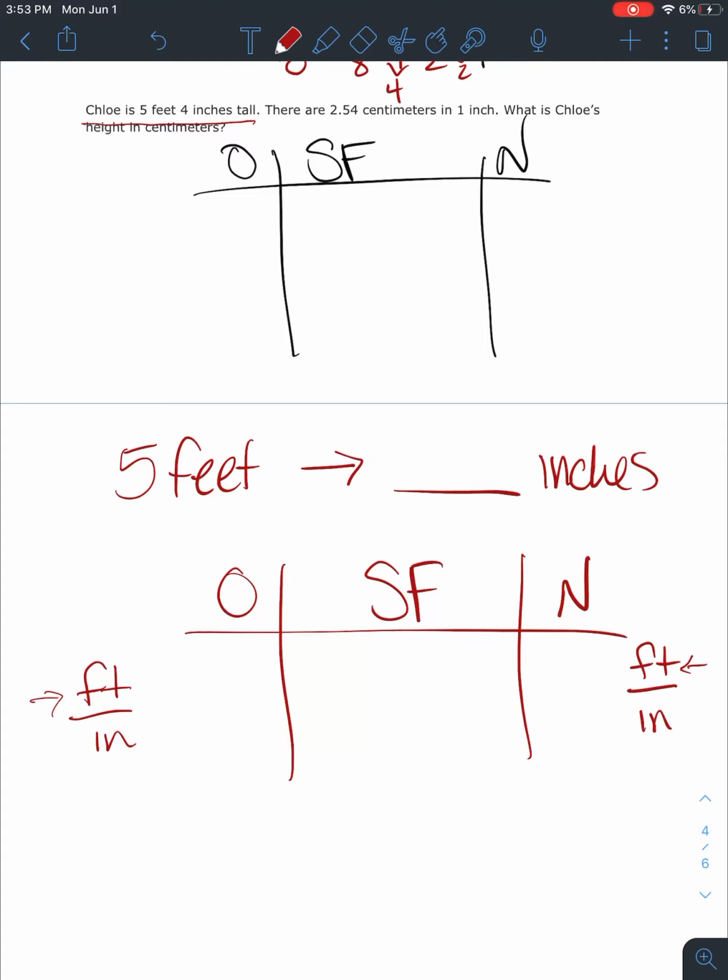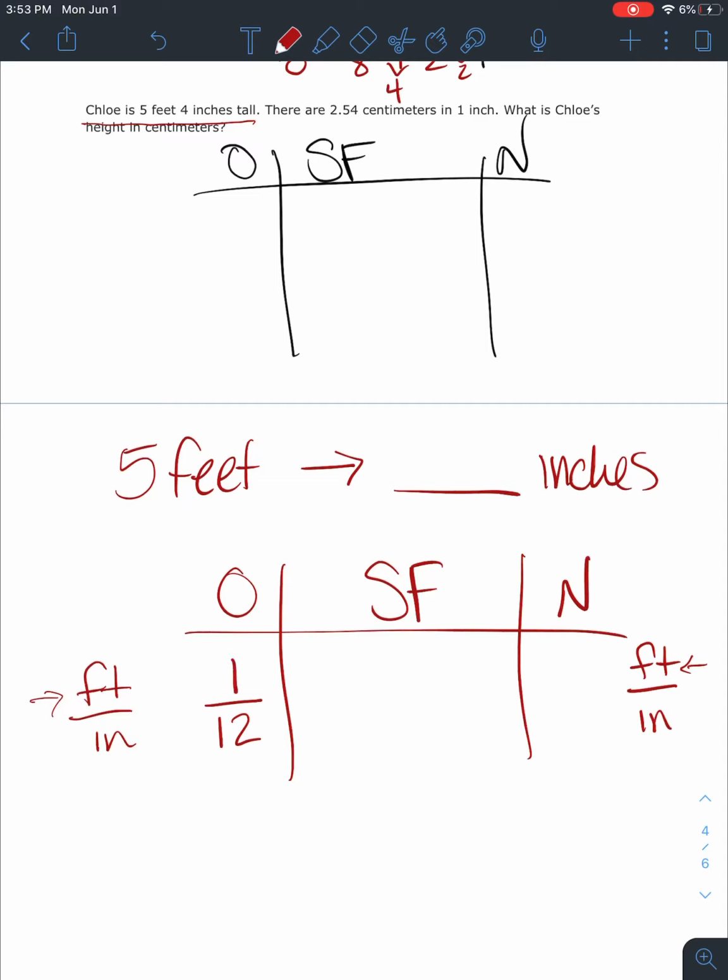Okay, so do we know how many feet or how many inches make a foot, or vice versa? There's quite a few different ways that we could approach this. What I know and what I remember from my conversion table or a quick search on Google is that if I have 12 inches, that is equivalent to 1 foot.